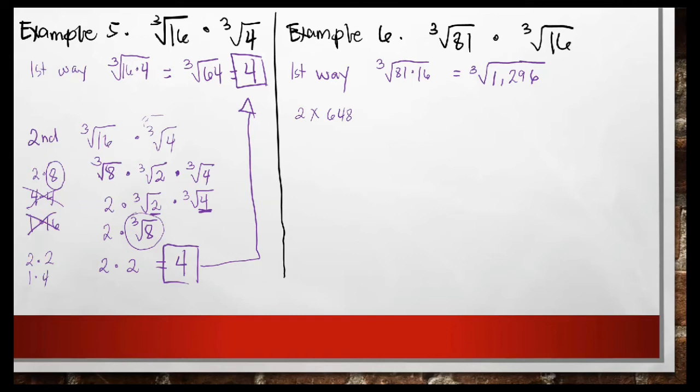And we have 3 times 432. We also have 4 times 324. And we have 6 times 216. Since 1,296 is not divisible by 5, then we have no factors of 5.